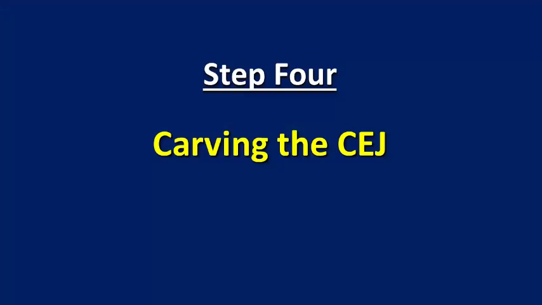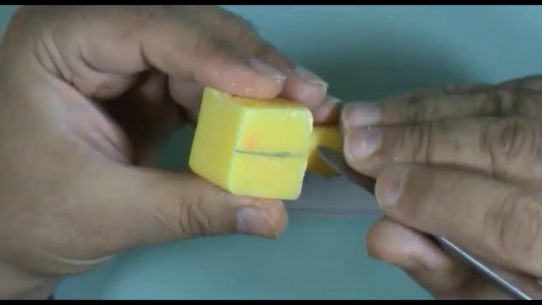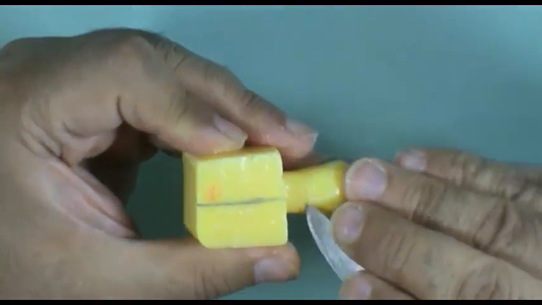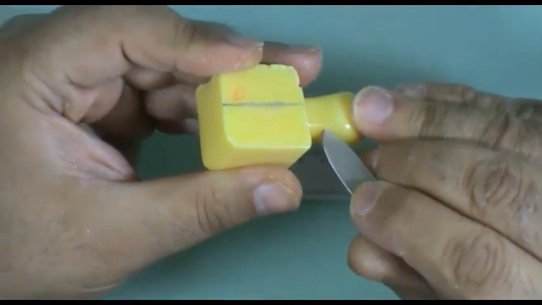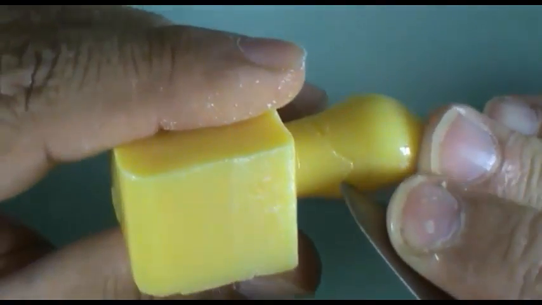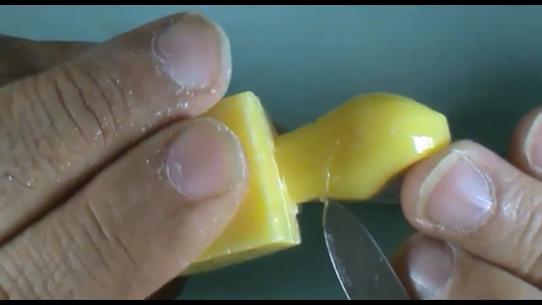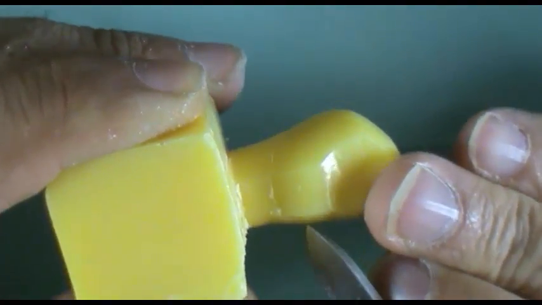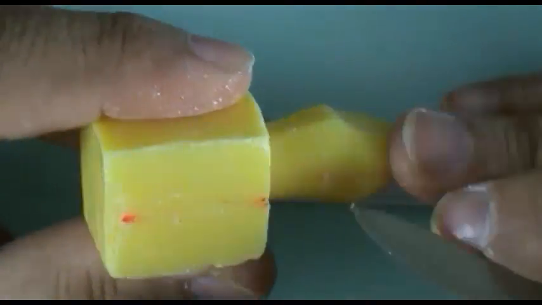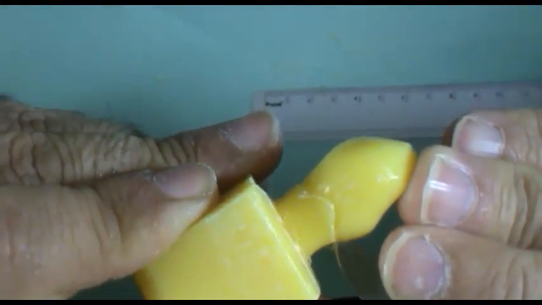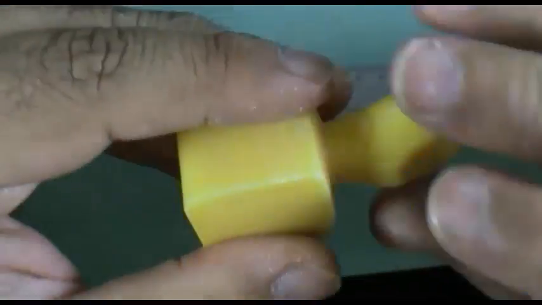Step 4. Carving the cemento-enamel junction or cervical line. Here we use the lacron carver or wax knife and hold it about 45 degrees with the surface of the tooth and carefully carve away the cemento-enamel junction or cervical line.